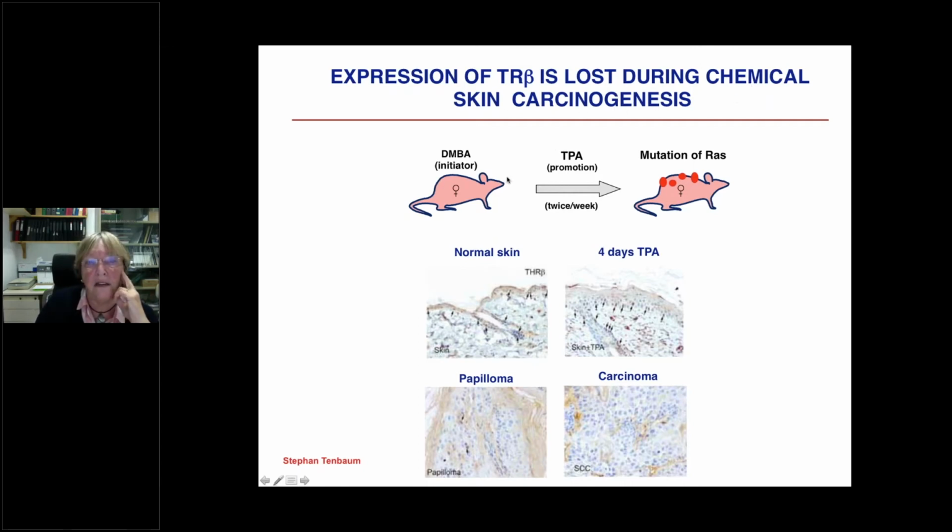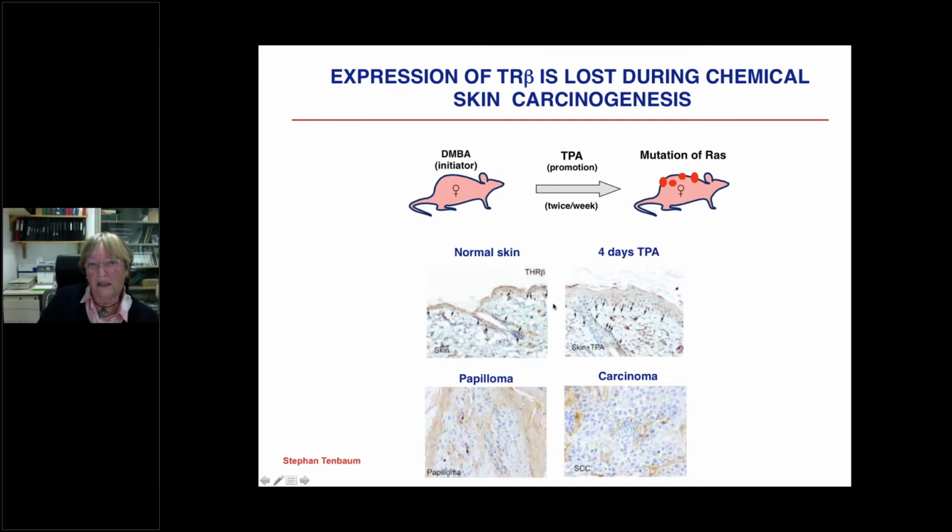In this protocol, the animals are given first a carcinogen, and then they are treated for several months, twice a week, with a tumor promoter, TPA. And this leads to mutational activation of RAS and to the appearance of tumors on the back of the animals. These skin tumors normally are typical benign papillomas, but some of them can progress to carcinomas.